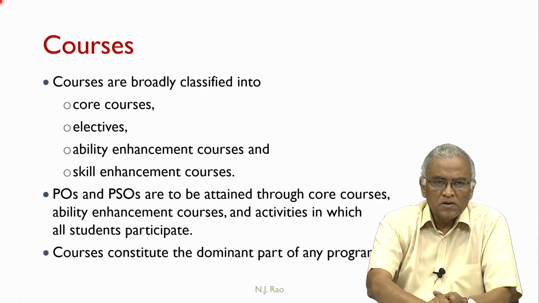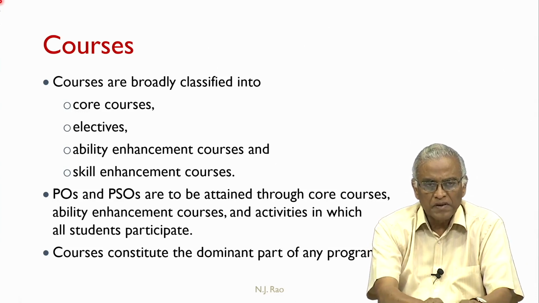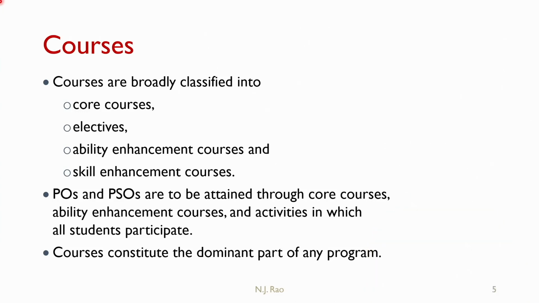Now, coming to the courses, courses are broadly classified as per the current UGC terminology into core courses and electives. Core courses means all students take these courses, and any elective is taken only by some students.